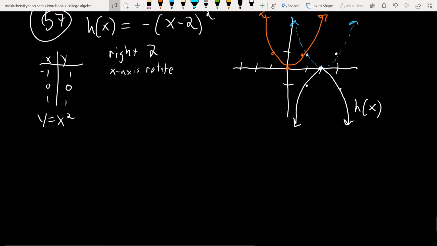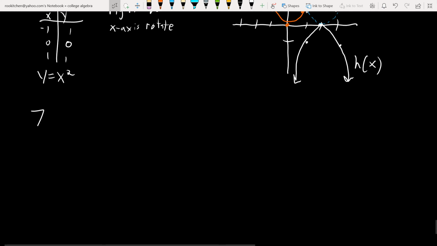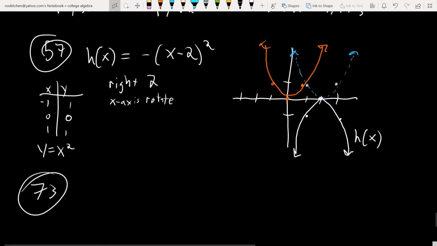Let's look at another one, 73. So the problem is, if you don't put any work with these and you get it wrong, I can't give you partial credit. So I do give partial credit on my tests. I'm not just blindly grading things like a robot. I try to see if you are actually trying to learn the material and maybe just made a mistake, you went the wrong direction or something.